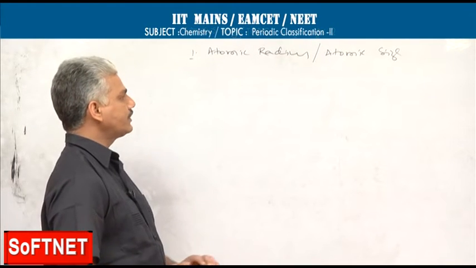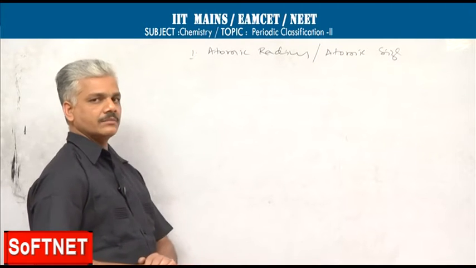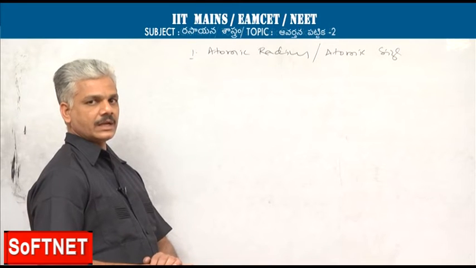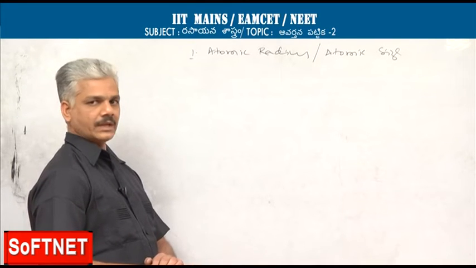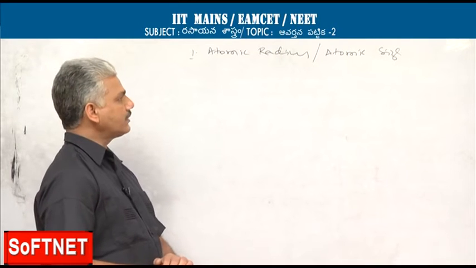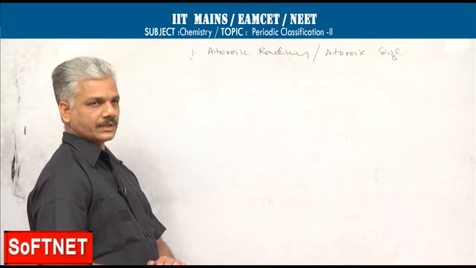Whereas, as we move from top to bottom in a group, even though atomic number increases, proportionately a new shell is added in a consecutive manner. Due to the addition of new orbits, the atomic radius continuously increases down the group.